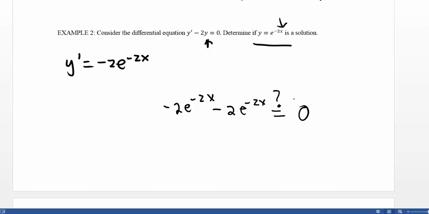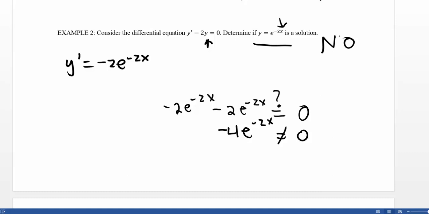So negative 2e to the negative 2x minus 2e to the negative 2x is minus 4e to the negative 2x, which does not equal 0. So no, this is not a solution.